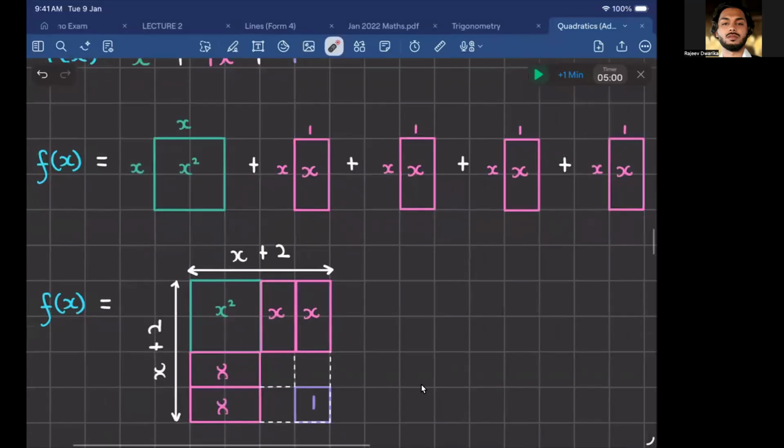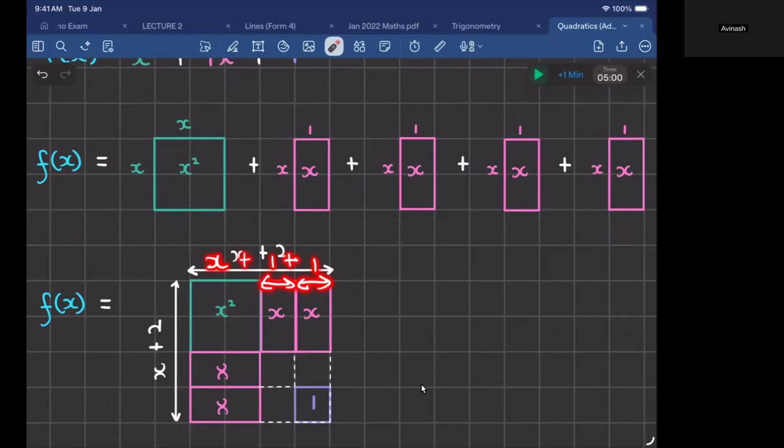So tell me, what would the dimension for this be on top? The red line will just be x, right? And what would the dimension for this be on top? 1. And this one? 1. So we have x plus 1 plus 1. What would that be?